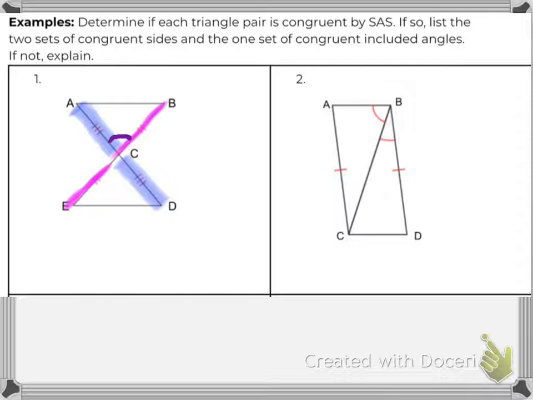Now the question is, is it going to be congruent to this angle? If it is, then I can say that I have side, angle, side, because then I have the included angles. So we do have to think back to some prior knowledge.